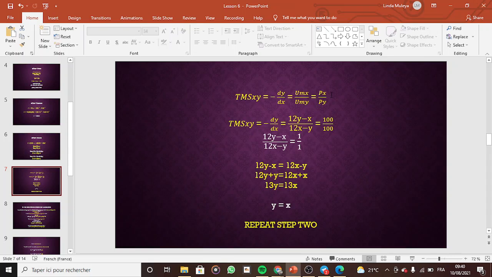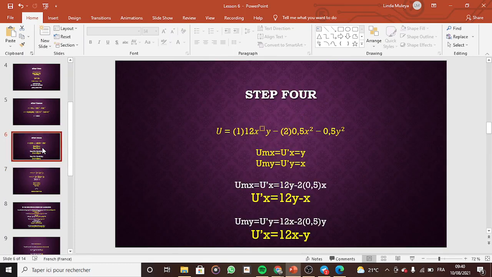So we've already done our derivatives, which are 12y minus x and 12x minus y, which is the very same thing as the marginal utility. Like we said here, when you derive in terms of x, it gives you the marginal utility of x. When you derive in terms of y, it gives you the marginal utility of y, which is also equal to x and equal to y.